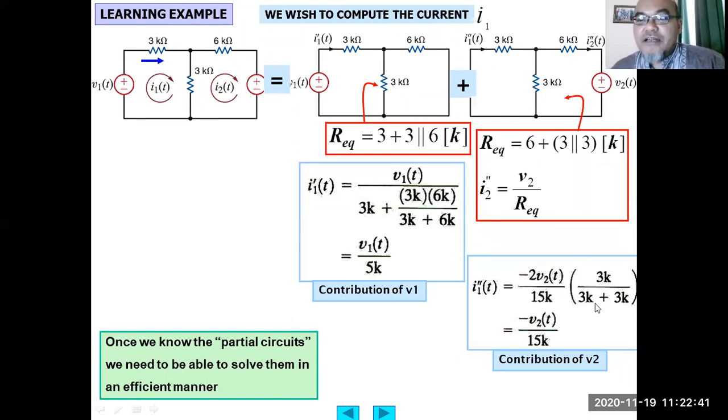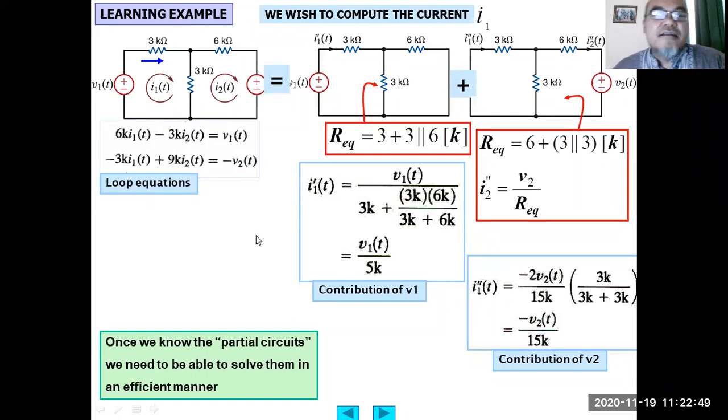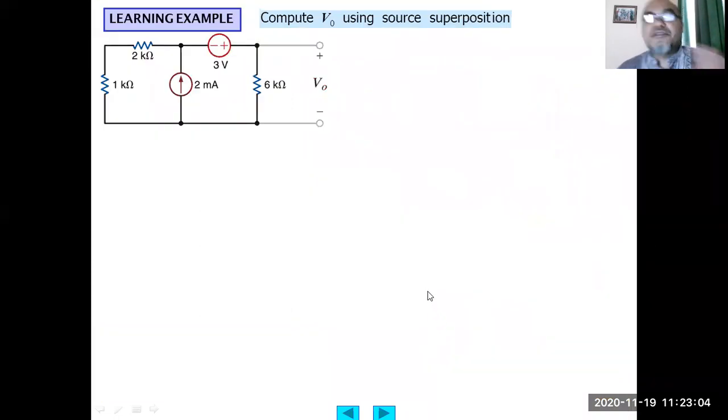This is the current divider formula, remember? So this is the contribution due to V2 to I1. It can also be calculated using the loop equation. The total current I1 will equal this value plus this value.